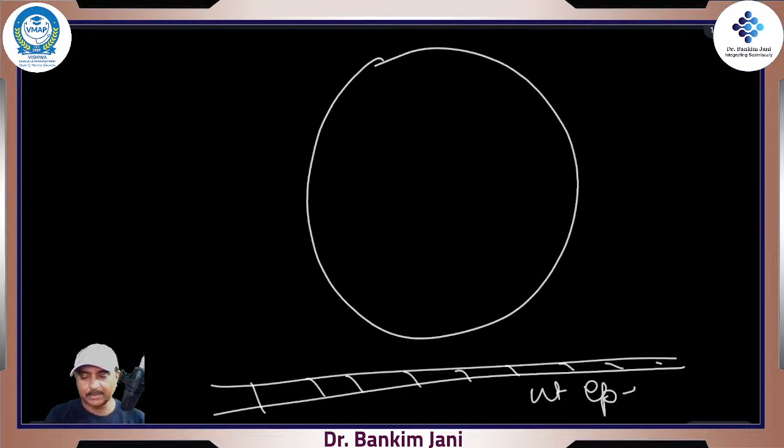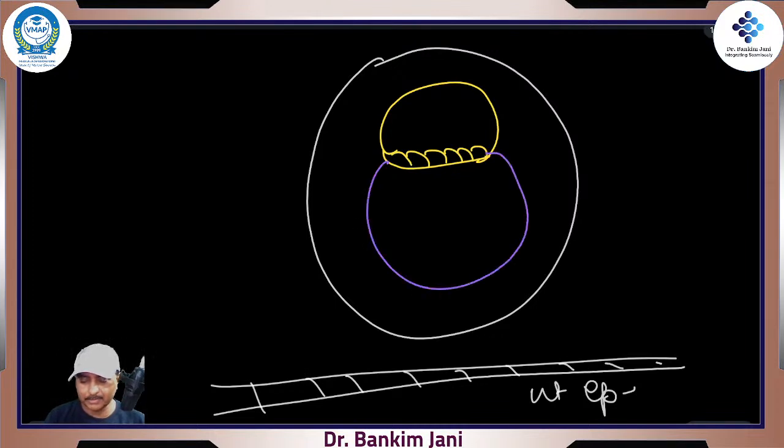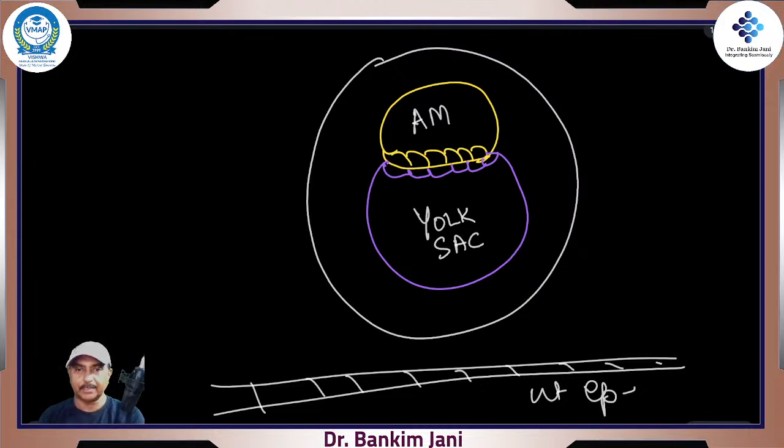So we have a situation something like this. This one would be the amniotic cavity. This one would be the yolk sac, and the rest is all cytotrophoblast, etc., which we know, and then the surrounding.